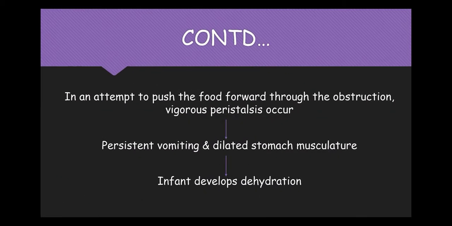Because of this, there is an attempt to push the food forward through the obstruction, which causes vigorous peristalsis movement. Because of the vigorous peristalsis movement, there is persistent vomiting and dilated stomach musculature, which develops dehydration in infants.